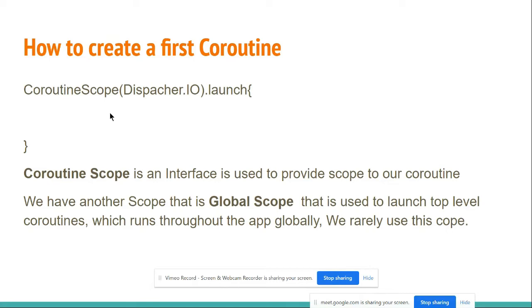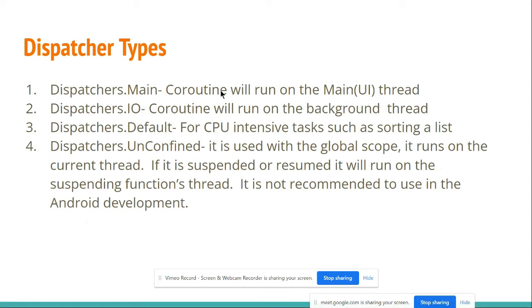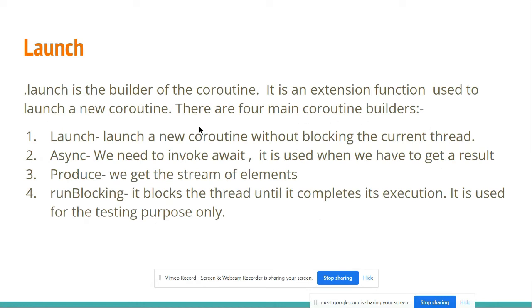In that case we use launch. And suppose we have a condition in which we have to get some result. We have to perform a network request and get that output in return and use it further. Then in that case, we can use async in place of launch. So basically, these are the two builders that we use frequently in our application.